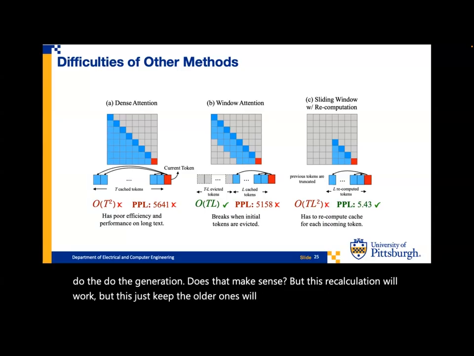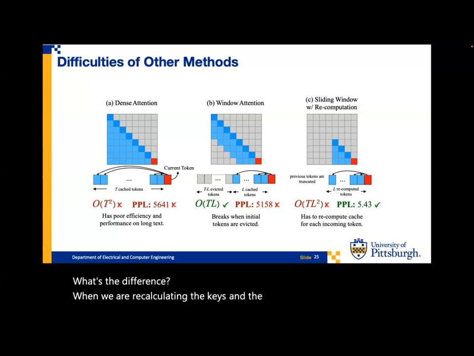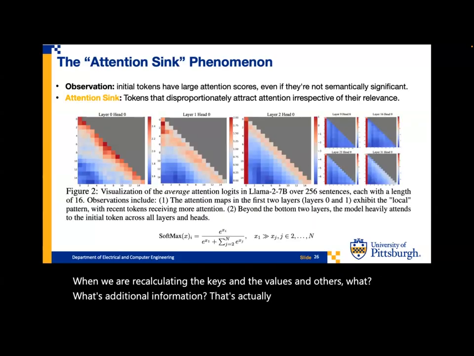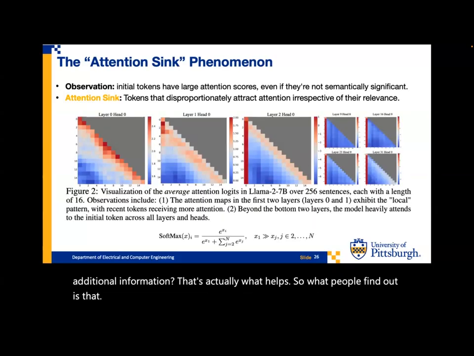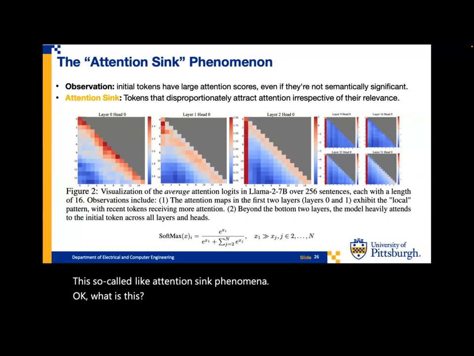So what's the difference? When we are recalculating the keys and the values, what additional information actually helps? What people found out is the so-called attention sink phenomenon. Basically, initial tokens have large attention scores, even if they are not semantically significant.